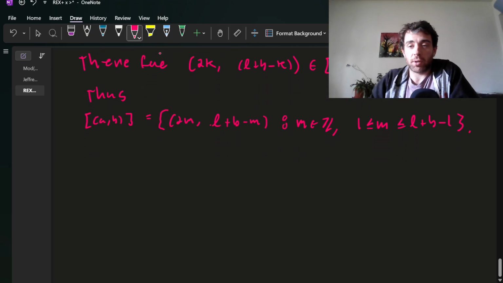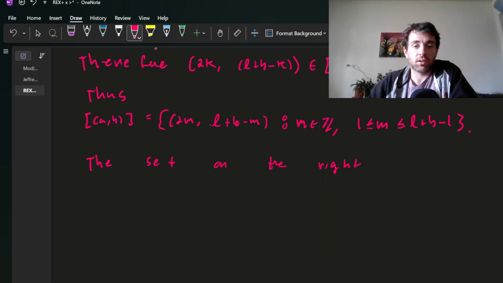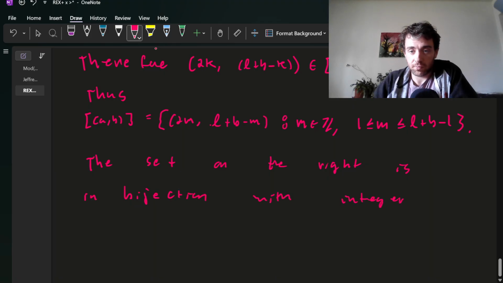So therefore, we might argue that the set on the right is in bijection with integers M such that M is between 1 and L plus B minus 1.